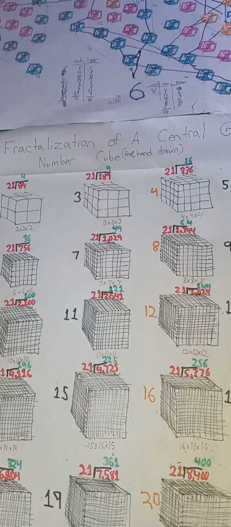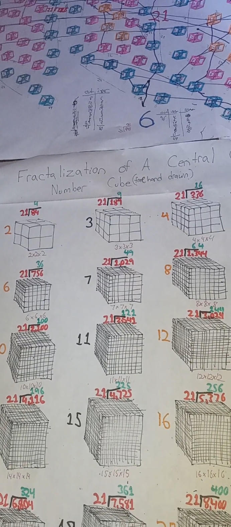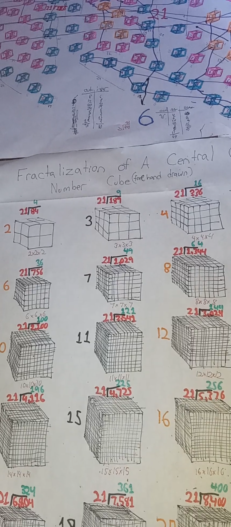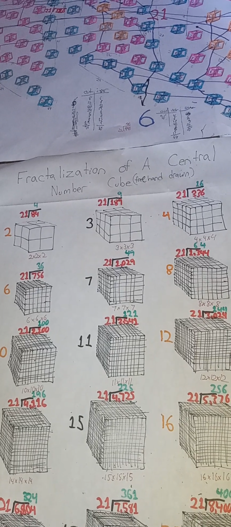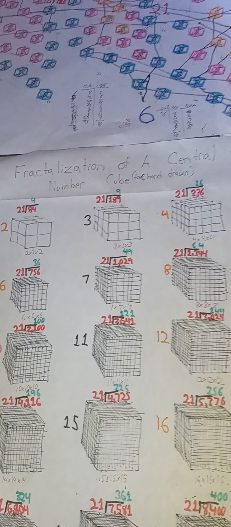The fractalization sort of reminds me of a Cantor dust, where it has no volume, I guess, in this case, or it has too much volume or something. I'm not sure.